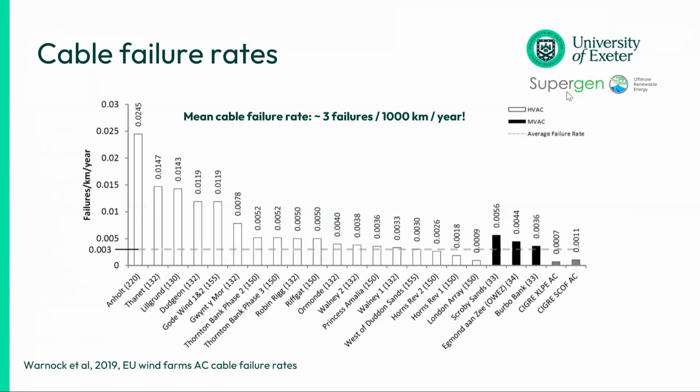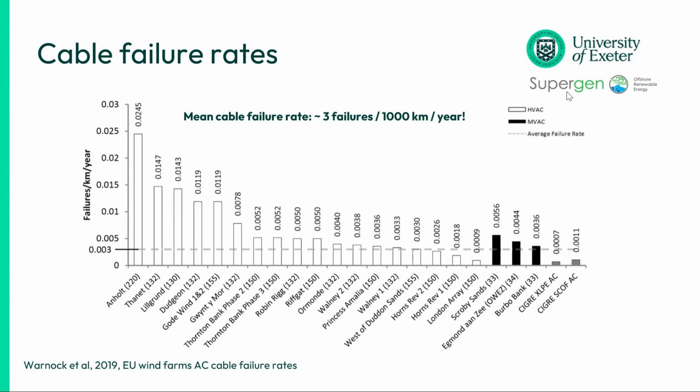One of the few publicly available studies is by Warnock and colleagues from 2019, which surveyed or had access to data for a range of offshore fixed wind cable installations, and you can see the different farms do varyingly well or badly. On the y-axis you see the failures per kilometer per year, the average for those different farms.